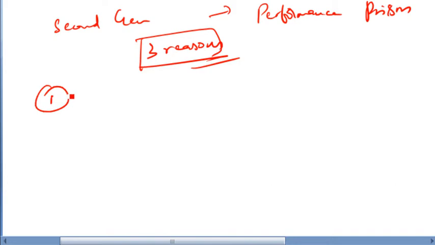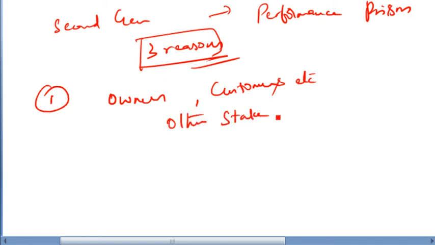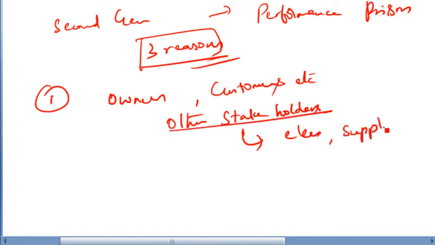If you look at the balanced scorecard also, the entire focus is mostly on owners and customers, but they totally ignore the other stakeholders. What do you mean by other stakeholders? The other stakeholders actually mean employees, suppliers.